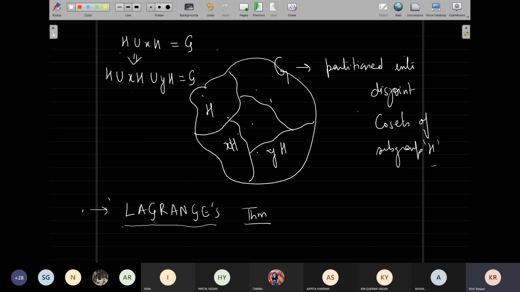If that exhausts the group, it is fine. If it does not, then you can continue to build this. So you have a union of these. Each of these, H with XH, H with YH, H with ZH, they are all disjoint, so they all give the intersection, which is phi. Okay, questions?